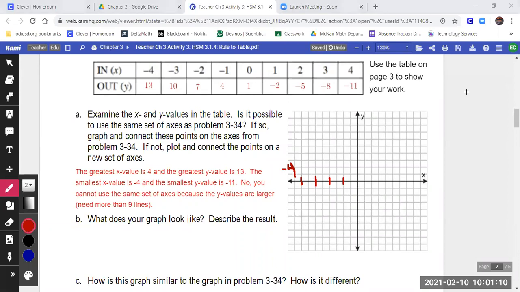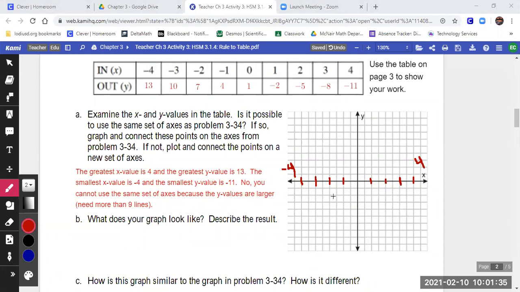I can still do 1, 2, 3, 4 to get me the +4 for the x because the x did not change. The problem was the y's. Okay, I cannot do 1s, right?